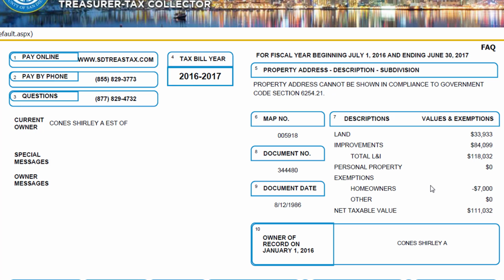If this is going to be owner occupied, if you're going to live in the house yourself, then you're allowed to take $7,000 off of their assessed value. The assessed value, this number is going to start as your purchase price. And then if you're living in it, you can take $7,000 off of it to come up with a net taxable value. This person has owned this house since the 60s, and so they have a very low net taxable value, and we'll talk more about that.